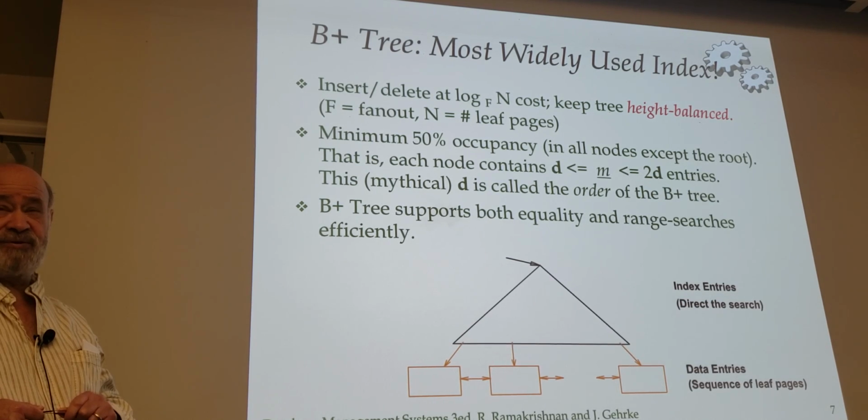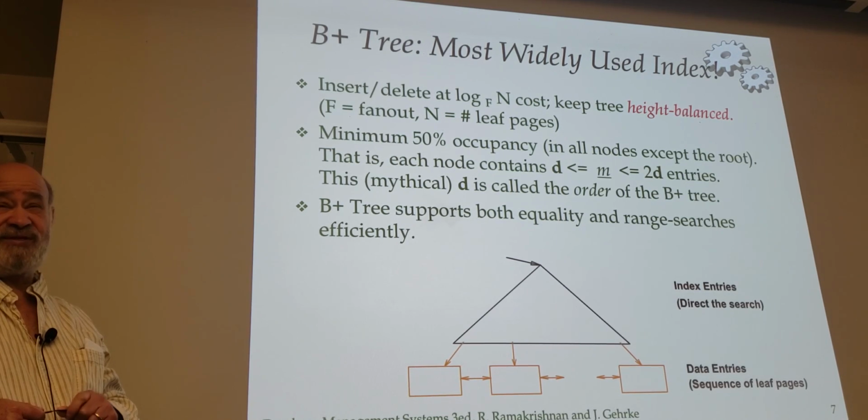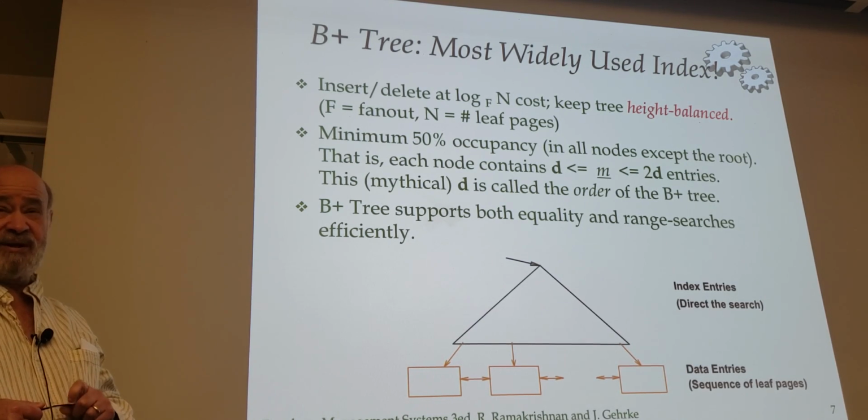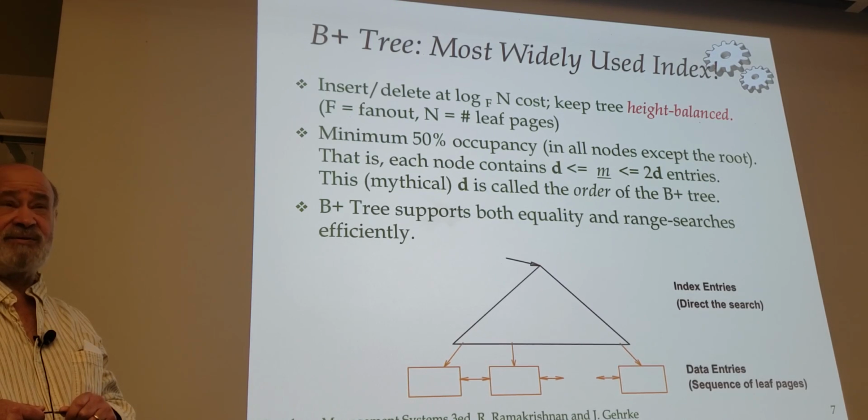D is half full, 2D is completely full. Now why do I say it's mythical? If everything is fixed length, it isn't mythical, it's real. I know how many things I can fit into a page. If all the records are 100 bytes and my pages are 4K bytes, then I can fit 40 things inside.